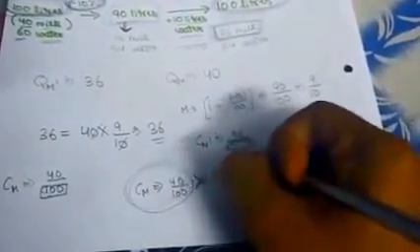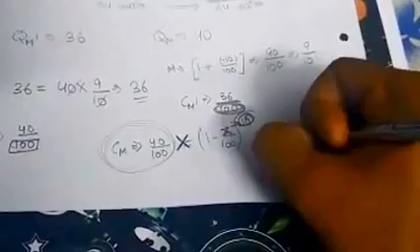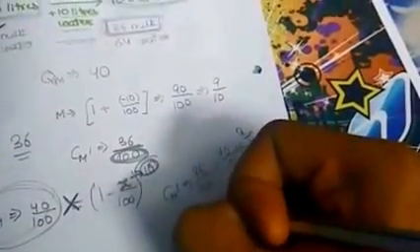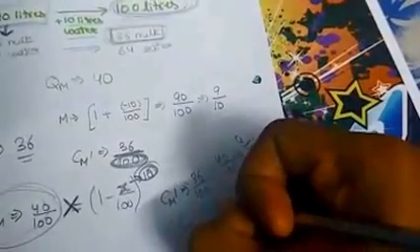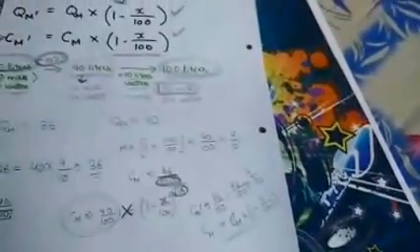And this x, we have given it as 10. So we have Cm dash, which is equal to 36 by 100, that's 40 by 100 multiplied by 9 by 10. So we have Cm dash equal to Cm multiplied by 1 minus x by 100, and we have proven why the statement is correct.